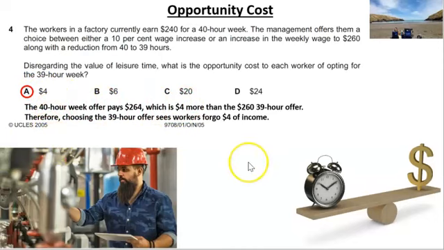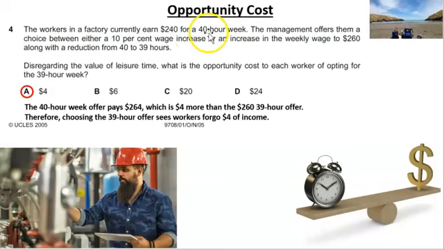And having paused and unpaused your screen, you very well may have got correctly A. Now the answer is A, $4, because our workers have two options here: the 39-hour week, which pays $260, or a 40-hour week, which pays $240 plus that 10% wage increase. And 10% of 240 is 24.